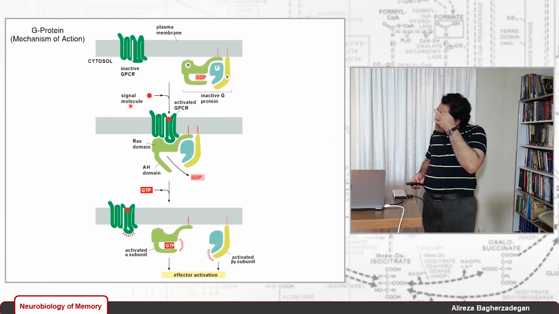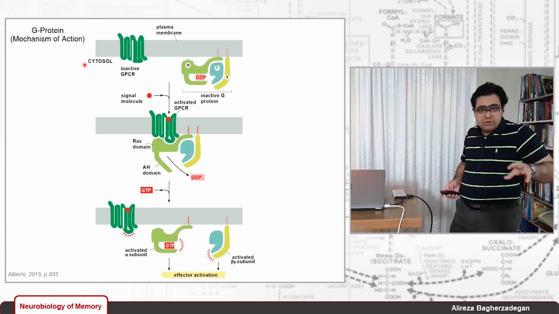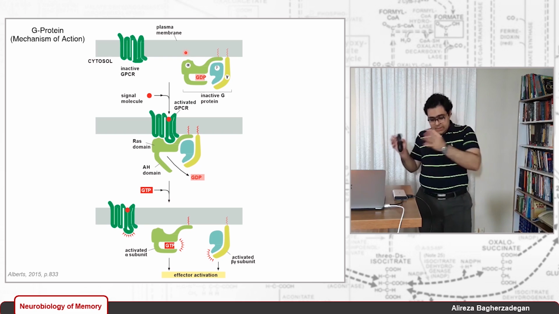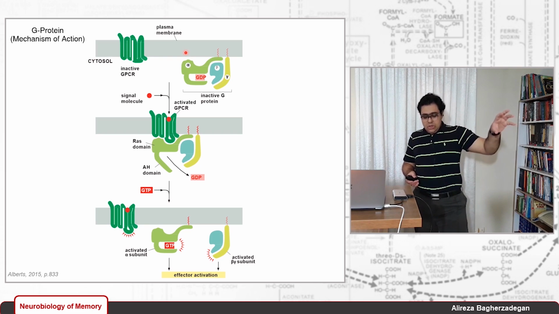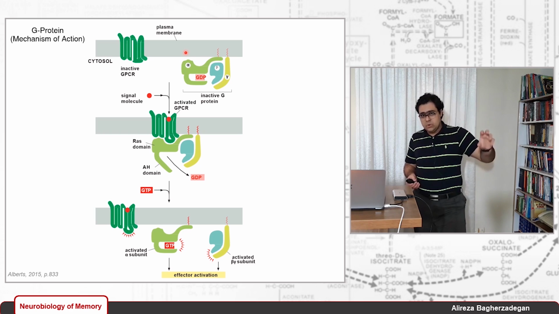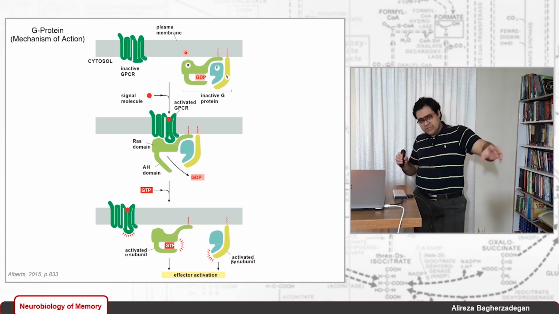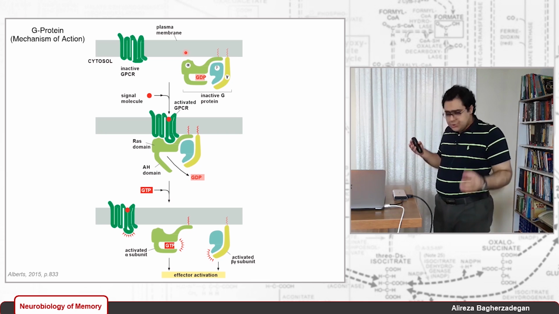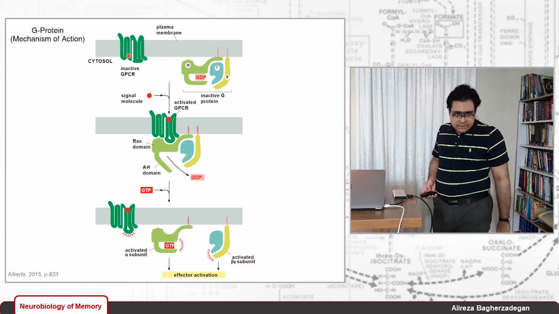Okay, so let's see how a trimeric G protein is activated. Well, in monomeric G proteins, we had a GEF, guanine nucleotide exchange factor, which was responsible for the release of GDP so that GTP can bind. The GEF's role for the trimeric G protein is played by the G protein coupled receptor.